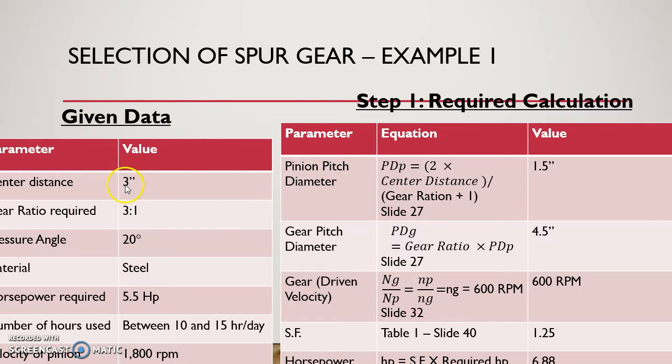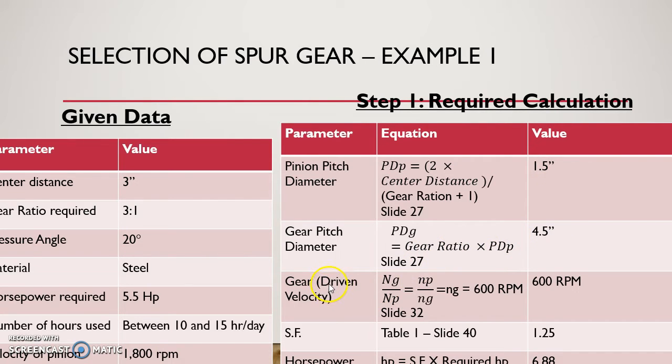So we could do some pre-steps by doing some calculation. Because we have the center distance, on slide 27 I provided an equation to find the pitch diameter of the pinion using center distance and gear ratio. So we simply can find this, 1.5 inch, and then we find the pitch diameter of the gear by simply multiplying the pitch diameter of the pinion by the gear ratio, which is 4.5 inch.